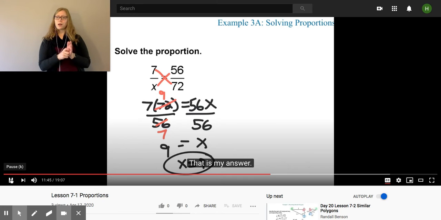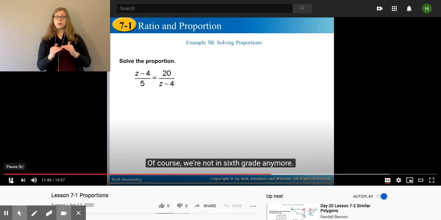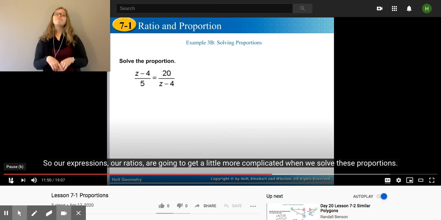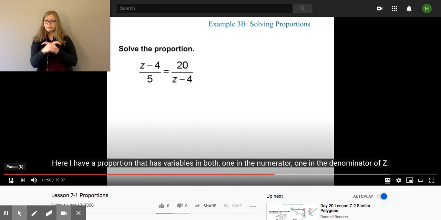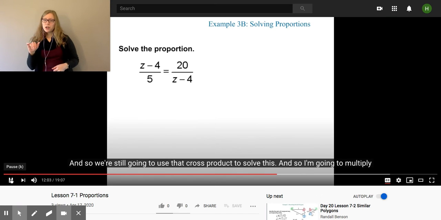That is my answer. Of course, we're not in sixth grade anymore, so our expressions and our ratios are going to get a little more complicated when we solve these proportions. Here I have a proportion that has variables in both the numerator and the denominator of z. And so we're still going to use that cross product to solve this.